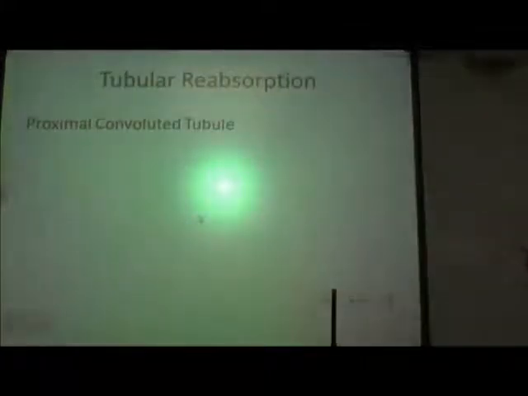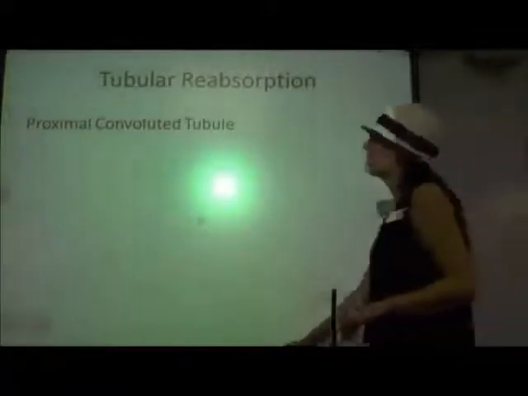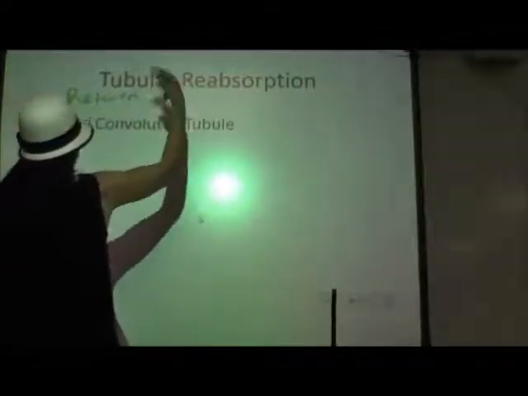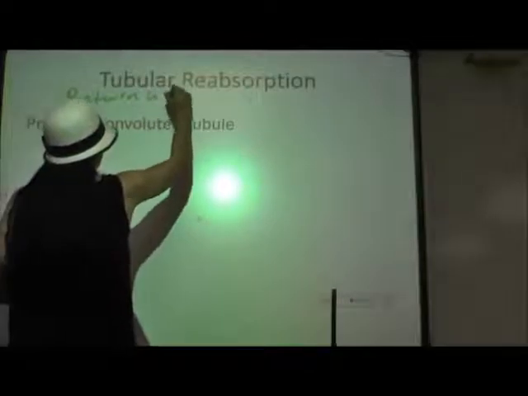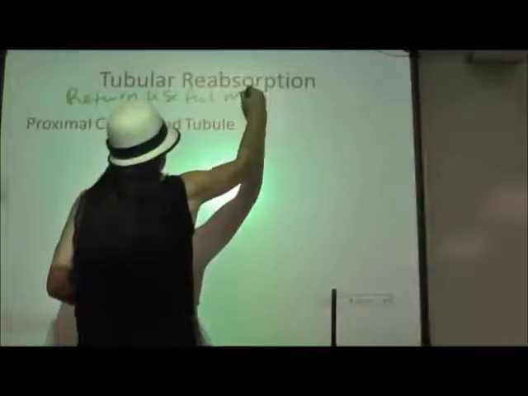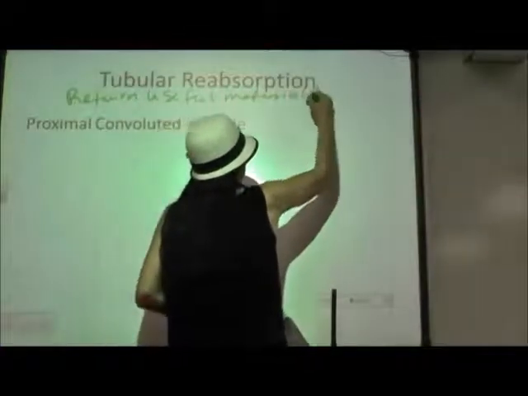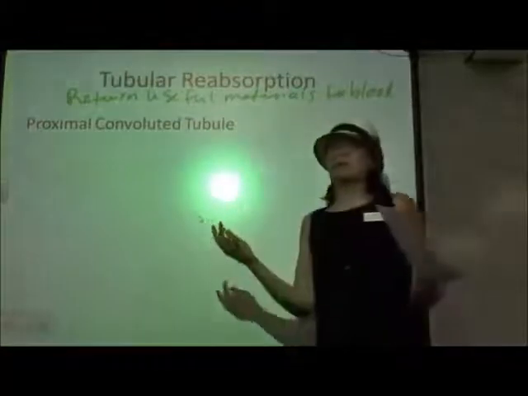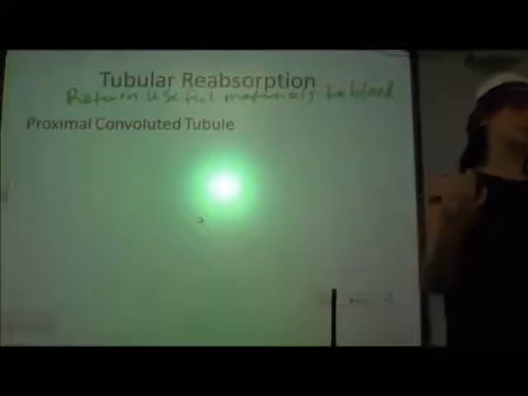All right, so first we'll talk about tubular reabsorption, and then we'll talk about tubular secretion. So tubular reabsorption is how we're going to return useful materials from that filtrate back into the blood. Filtration doesn't care what's in your blood plasma.